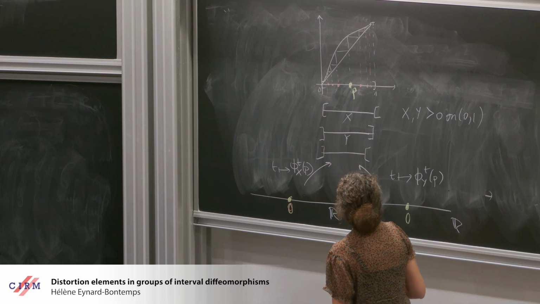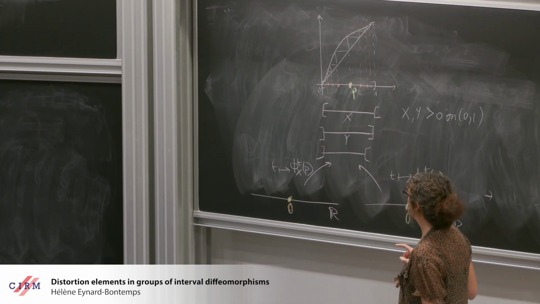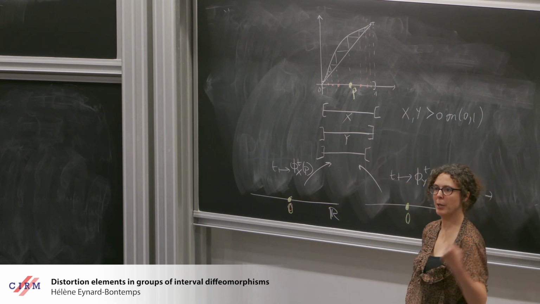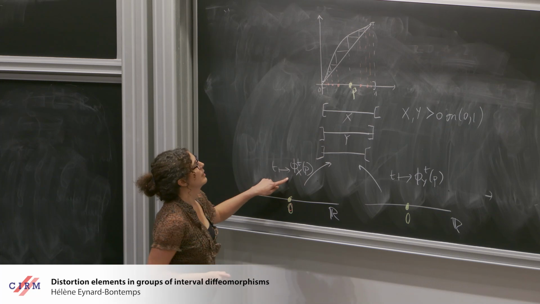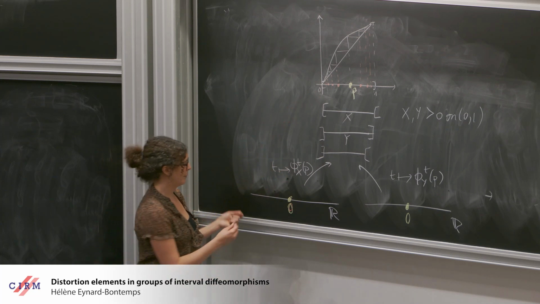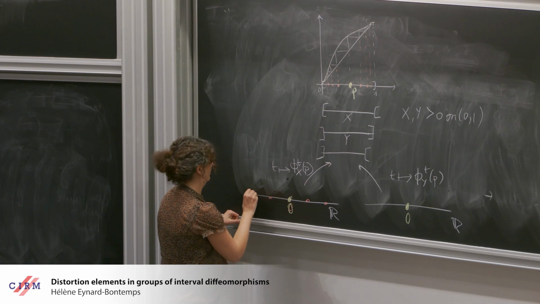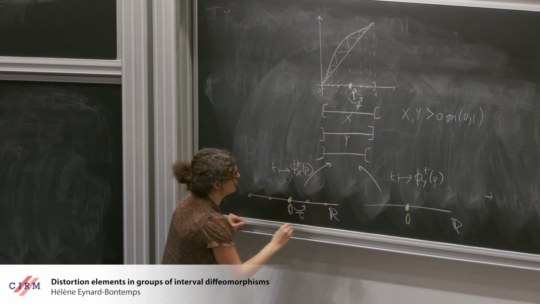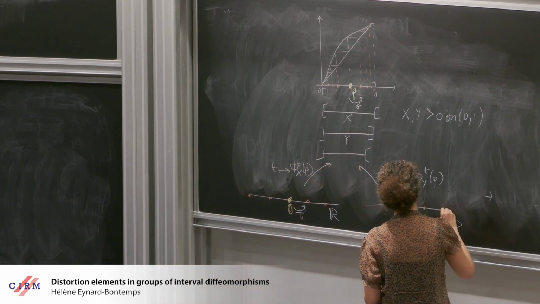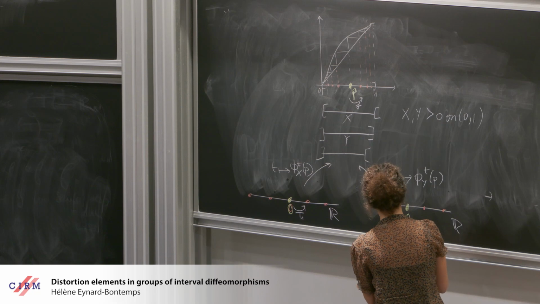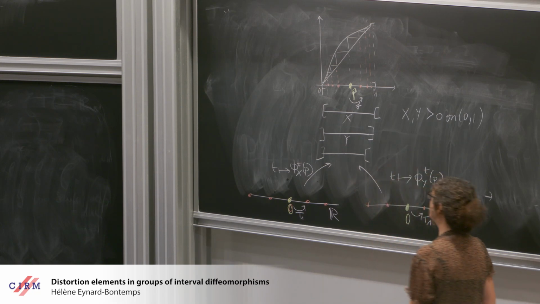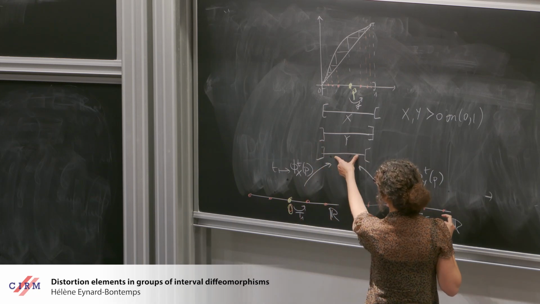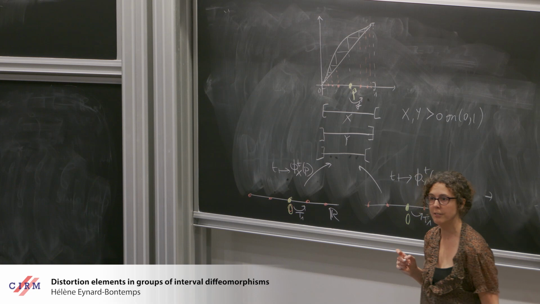And what is the image of my orbit in these two parameterizations? Well, in this chart, F is just the translation by 1. This conjugates the action of F to the translation by 1. Here I have F, here I have the translation by 1, and it's the same on this side. So these two diffeomorphisms from the line to the open interval conjugate my action to the unit translation.